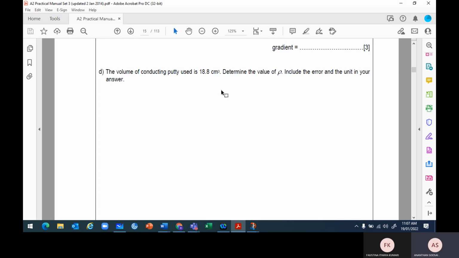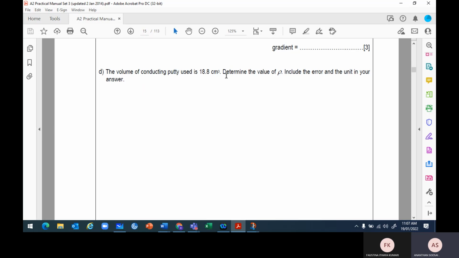The gradient is rho over V. But we don't have the uncertainty for V. They didn't give one, so we assume we don't have uncertainty. So what are we supposed to do? Because we don't have uncertainty, it won't be included in the equation.